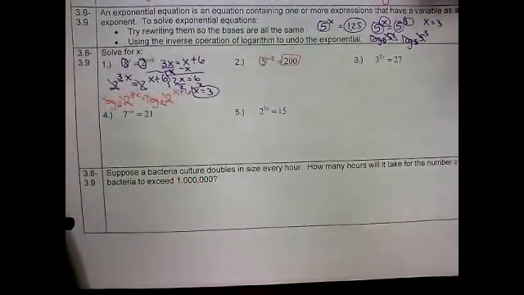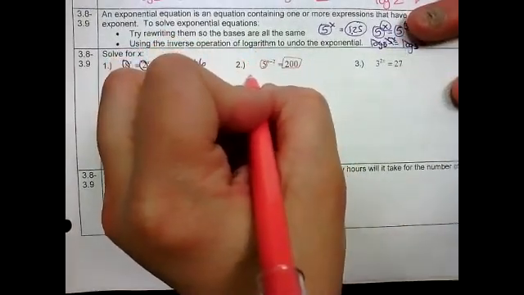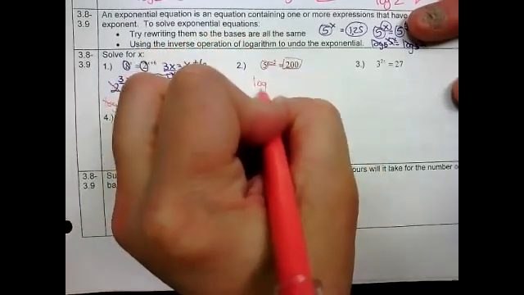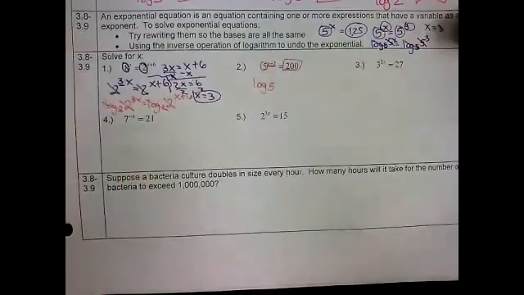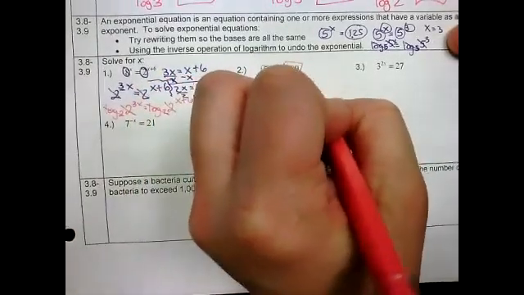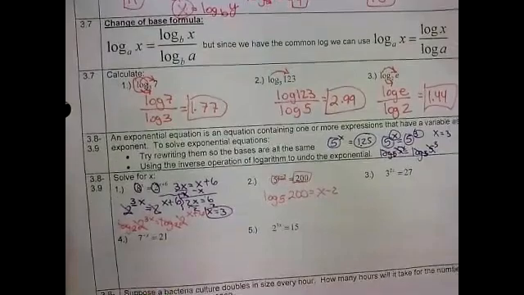So in this case, I'm going to need to rewrite this. Remember when I rewrite this, the exponent and the 200 change places. So it becomes log base 5, and the x minus 2 and the 200 are going to change places. Now this I know how to do. It's that change of base formula that we did last time.